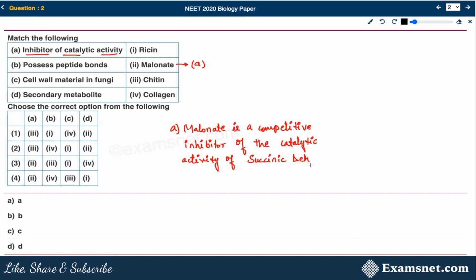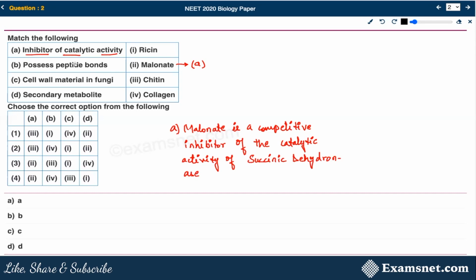But this is the only enzyme which is involved both in the citric acid cycle and ETS also. So succinate dehydrogenase, you can say. Clear? So this is the case.